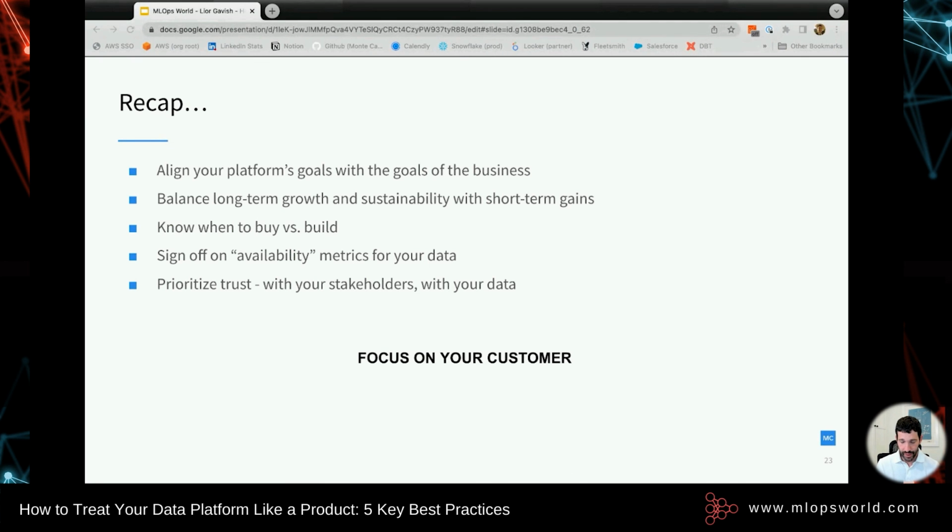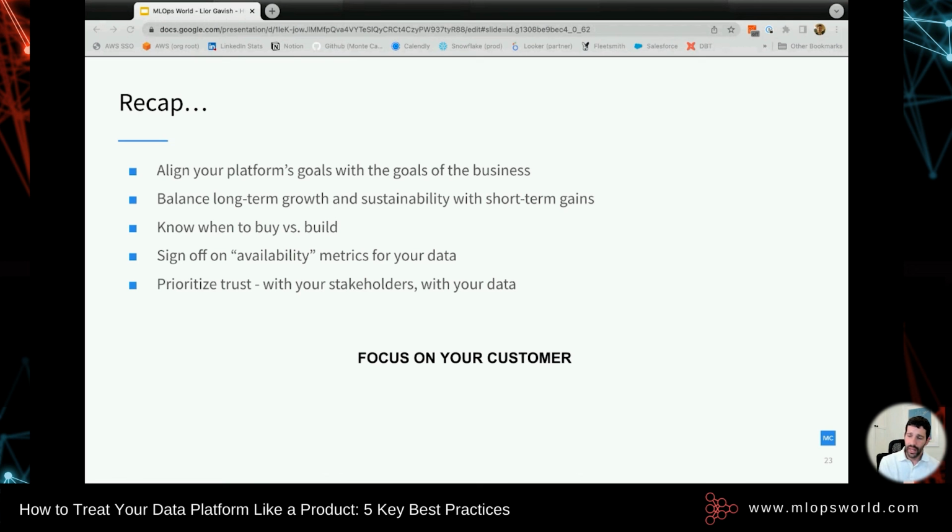Important to think about buy and build not only from the perspective of what am I excited to work on, but also from the perspective of what makes sense for the business and where can I really create a competitive advantage versus buy off the shelf.